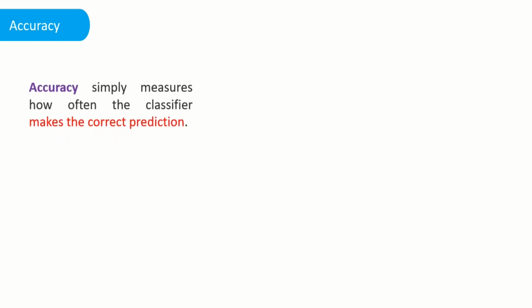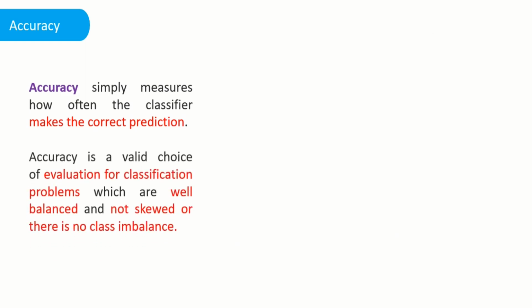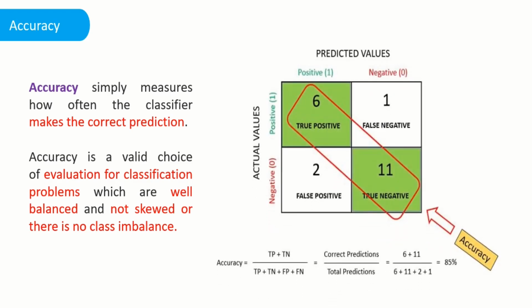So let's now look into the term accuracy. Accuracy simply measures how often the classifier makes the correct prediction. Accuracy is a valid choice of evaluation for classification problems which are well balanced and not skewed, where there is no class imbalance. It is simply true positive plus true negative, divided by all the values.